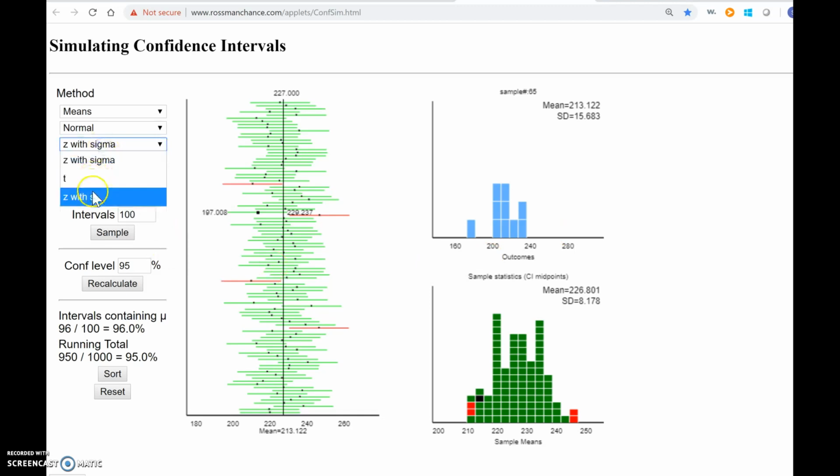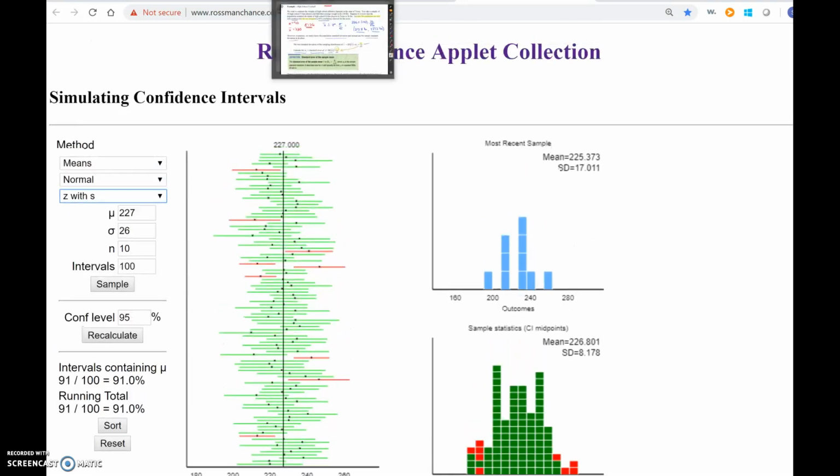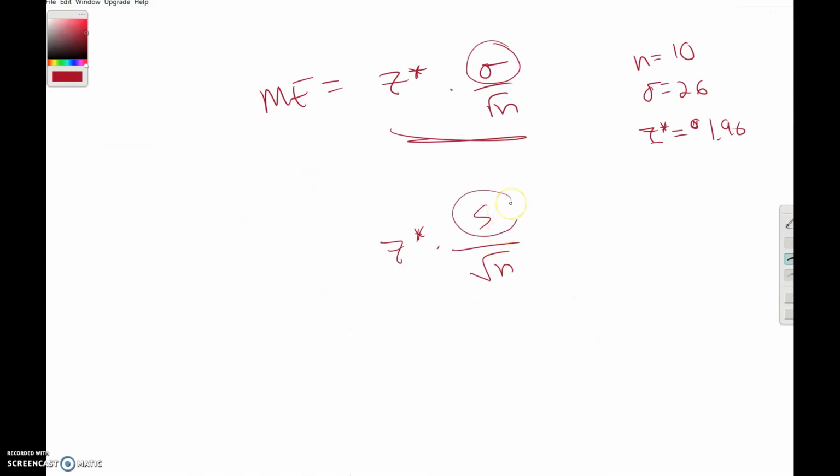And if I go to z with sigma, I have 4 misses. If I go to z with s, I have 1, 2, 3, 4, 5, 6, 7, 8, 9. I have 9 misses, more than I had before. And if you look at the widths of these intervals, they're all different. Why are they different? Because I'm putting in the sample standard deviation.